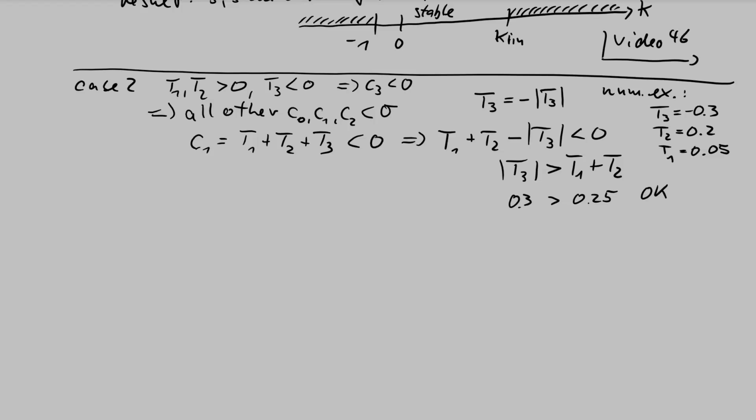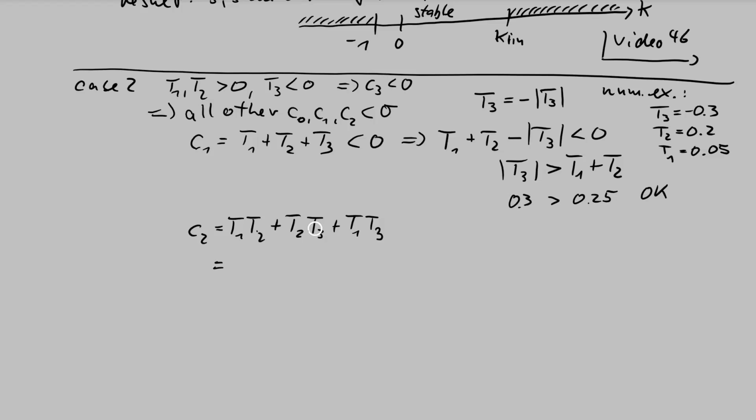Furthermore, C2 must be positive, and C2 is the mixed product of the three time constants. T1, T2, T2, T3, T1, T3. Now I express with a negative T3 value.